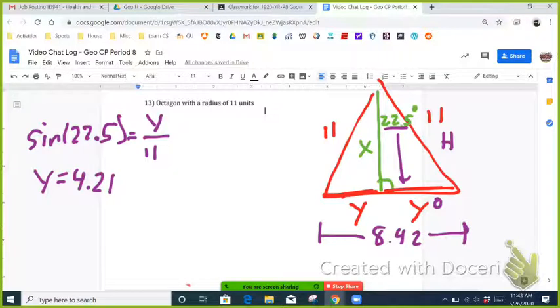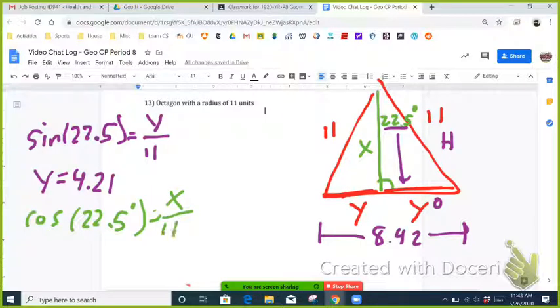And then the height, you're going to do the same idea, but use cosine. So the cosine of 22.5 degrees is equal to x over 11. Now you could have also used this leg here, which we found to be 4.21, and this leg, which is 11, and used the Pythagorean theorem to find x. That would give you the same answer.